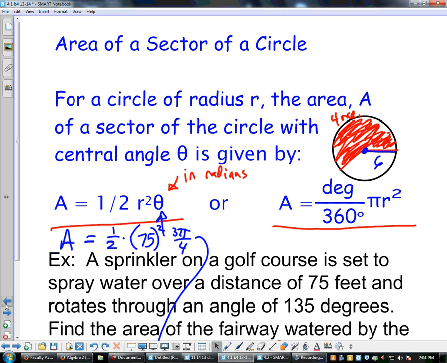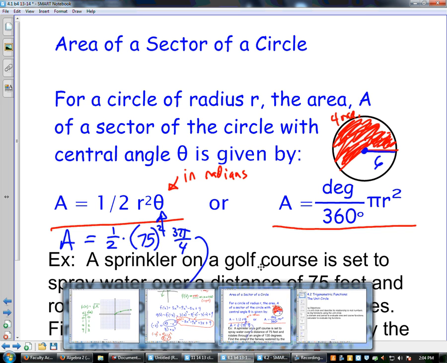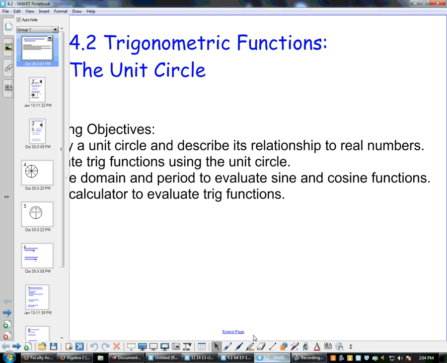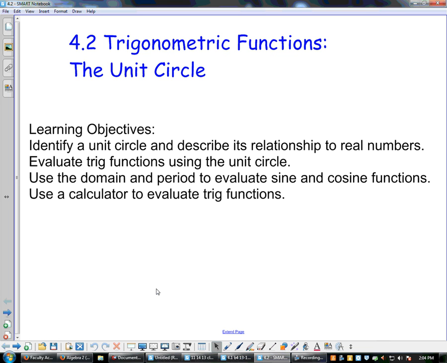Okay, that wraps up section 4.1. I would like to take a look at a little bit of section 4.2. So let's do that. Section 4.2 is your introduction to the unit circle, trig functions based on the unit circle.